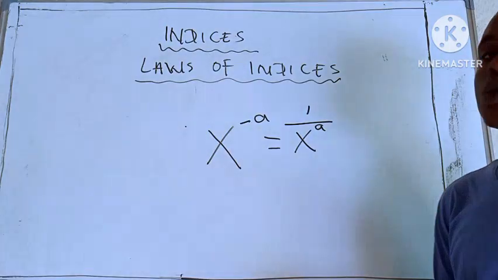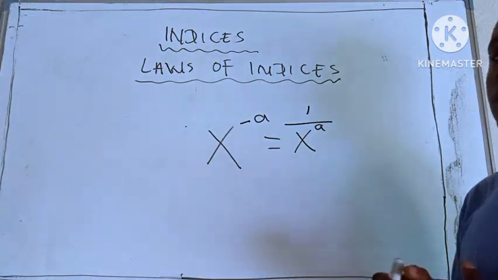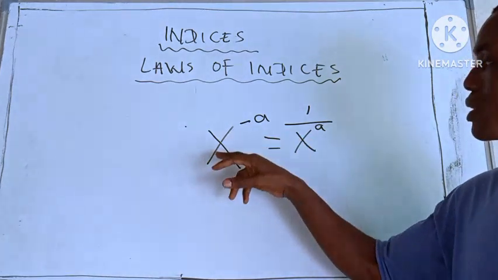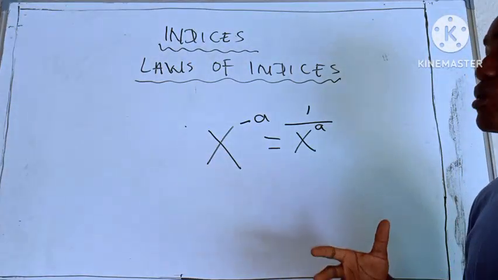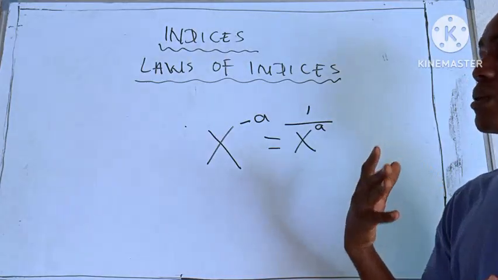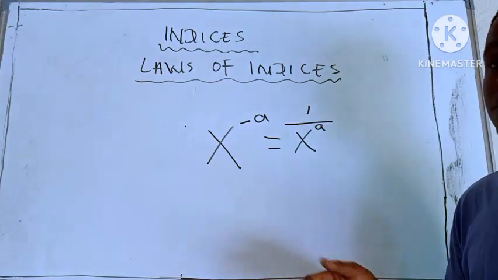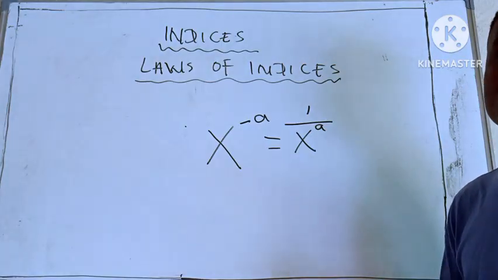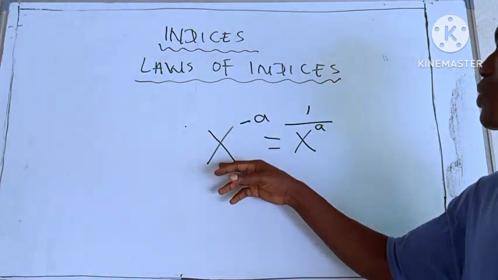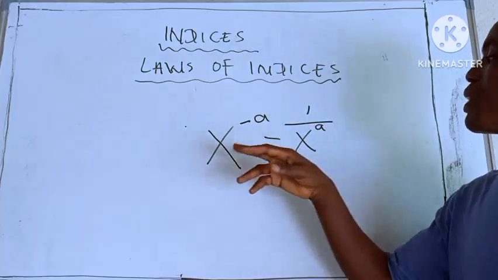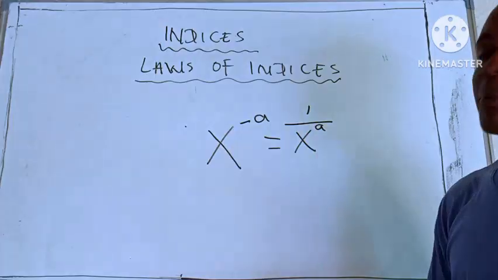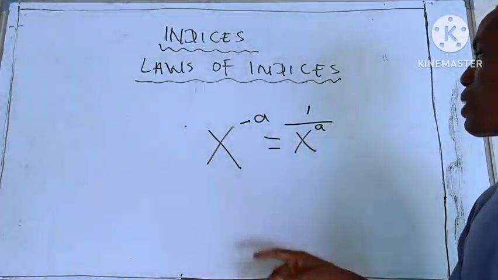When we are solving equations under indices, we will come across things like this. I'm using x, but I can use any variable, y or anyone. But in math, most times we use x, find x, find x. That's why I'm using this one. So when you come across x raised to power minus a, you can change it to this one.